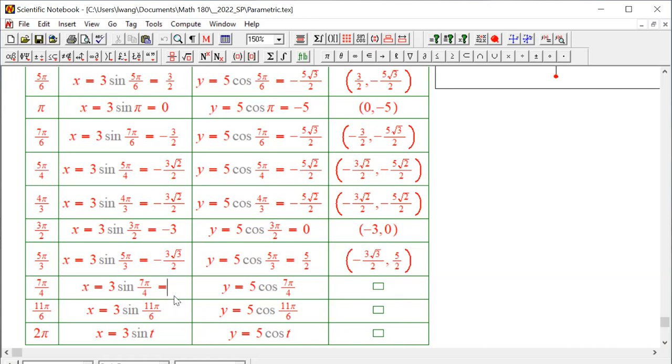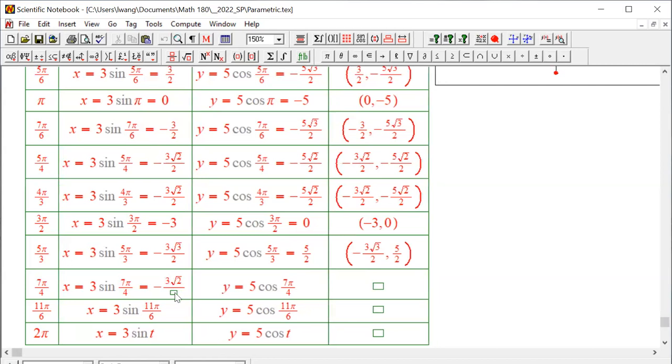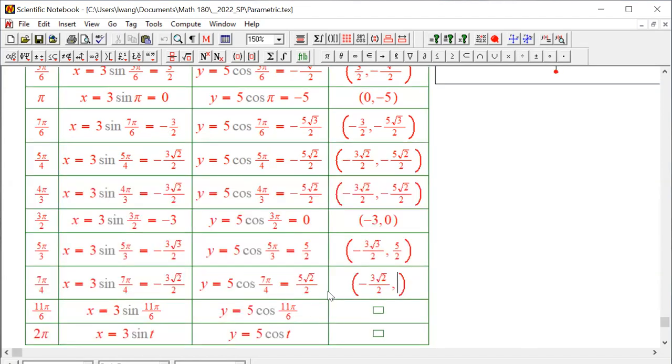And this one over here, that's going to be negative. Sine is negative, so that's negative 3 times root 2 over 2. Cosine in this quadrant is positive, so root 2 over 2. We got another point. You see, with patience, we obtain all things. 5 times root 2 over 2. We haven't plotted these points yet.